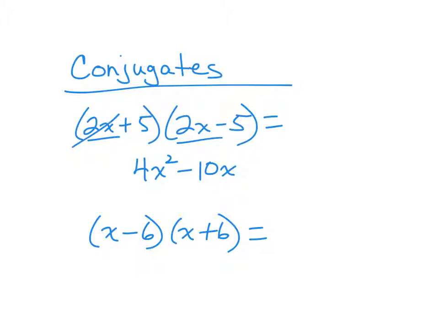Done with the 2x. Let's do the 5. 5 times 2x is 10x. 5 times negative 5 is negative 25.